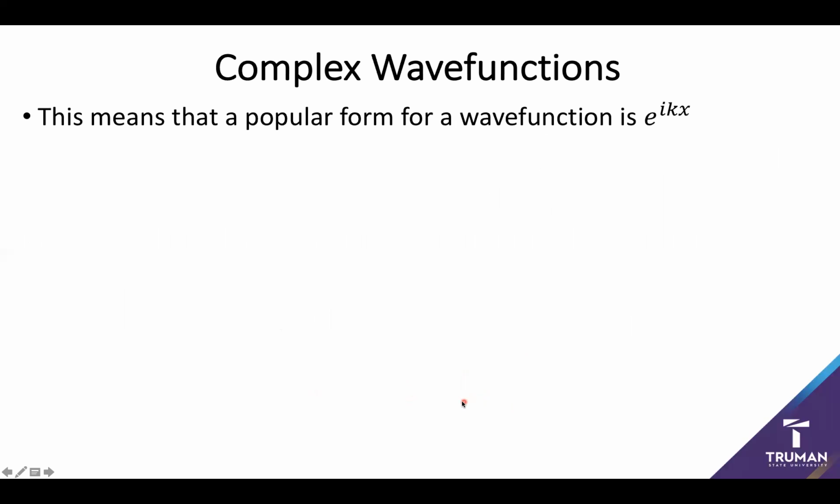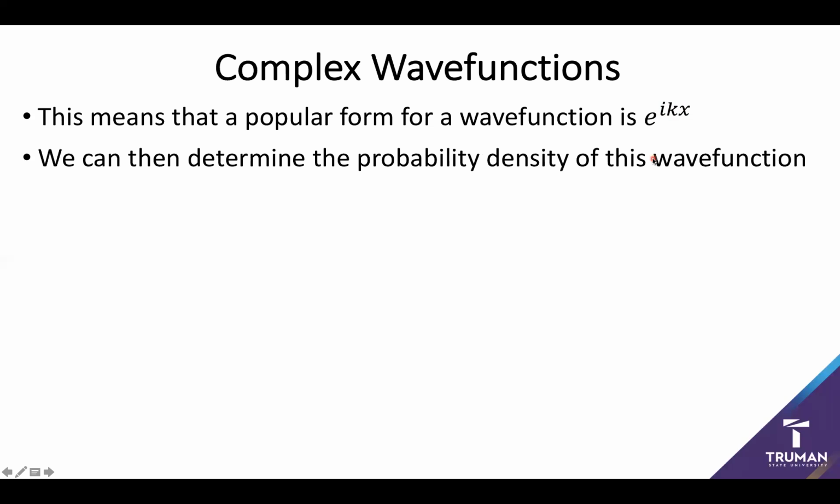We can also go straight to the exponential of ikx, where again, k is the same thing it ever was, and we're now dealing with the imaginary number as well. So what we can then do is start by trying to determine the probability density for this wave function. So we'll take this wave function times its complex conjugate.